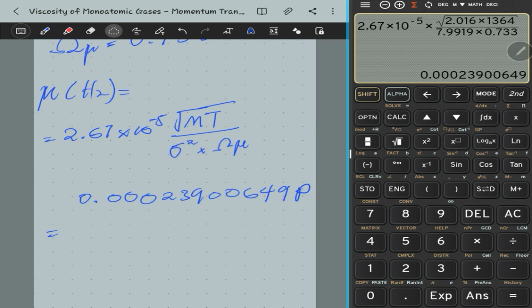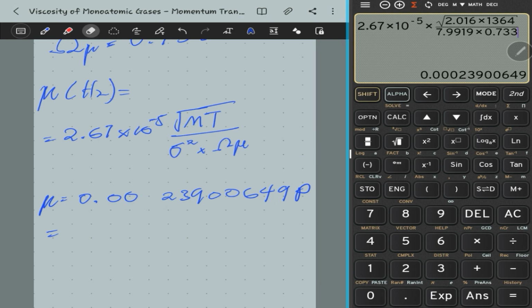And then remember, you can be asked to find it in any other unit, right? So if you have it in this way, we have it in poise.